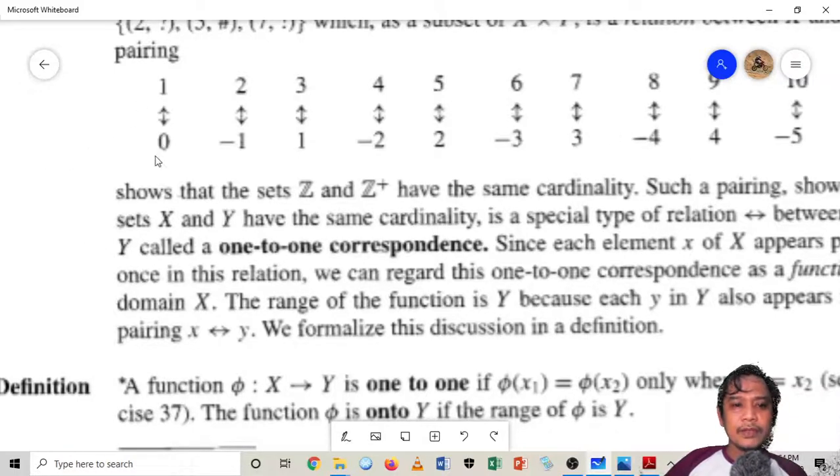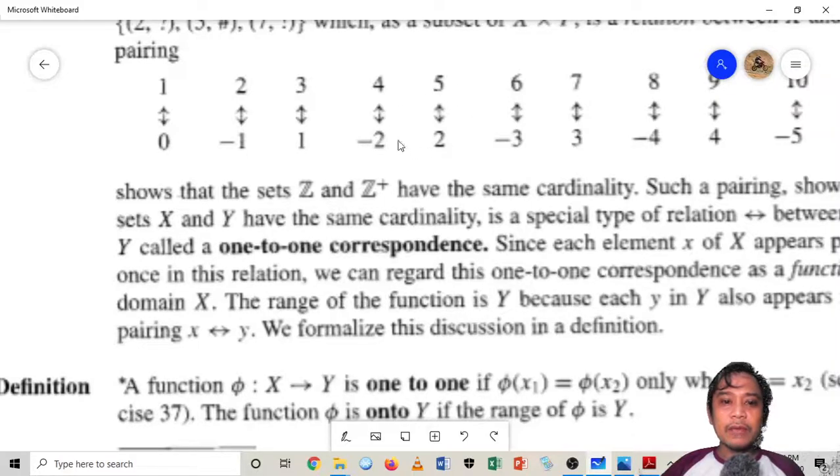Suppose 0 in the set of integers is paired with 1, -1 is paired with 2, and +1 is paired with 3. Then -2 is paired with 4, +2 is paired with 5. -3 is paired with 6, +3 is paired with 7, following the same process. Meaning, each integer would be paired with exactly one positive integer. And there would be no duplication. All integers would be paired with a unique positive integer.